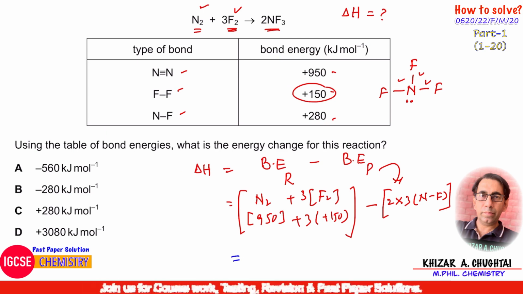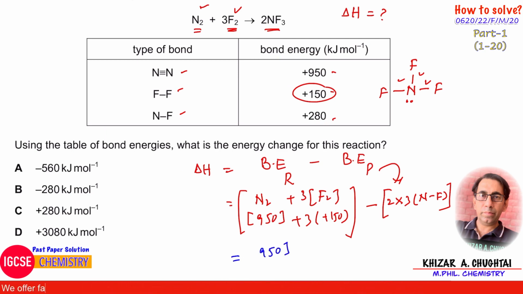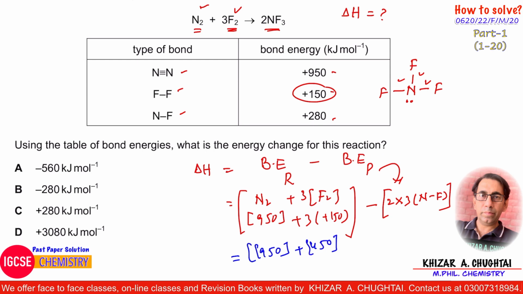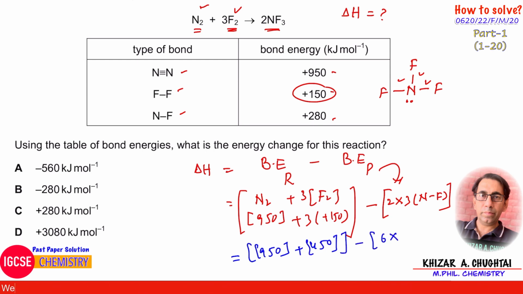So overall 950 plus 450, and minus 2 times 3 is 6. 6 into its bond energy, NF bond energy is 280.